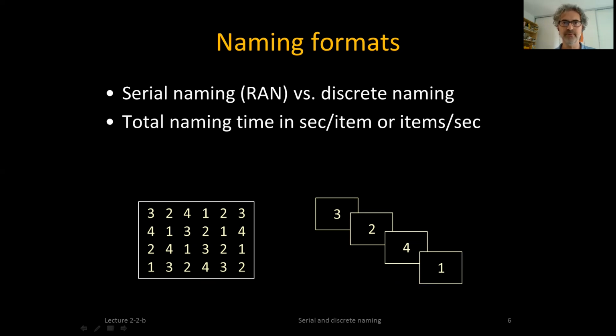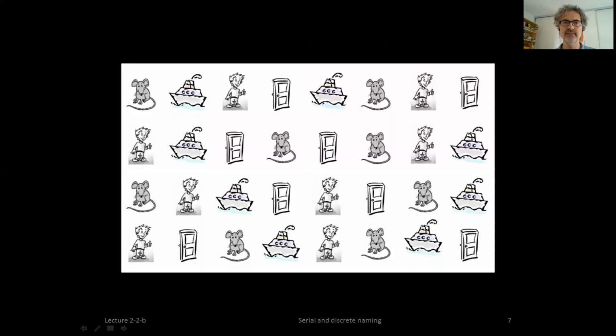Now, these examples have been with digits, and this is the version we use most often. However, you will see other versions also very frequently in the literature, for example, pictures. So this is a mus, bot, gut, der, and someone has to go through and name all of these in order.